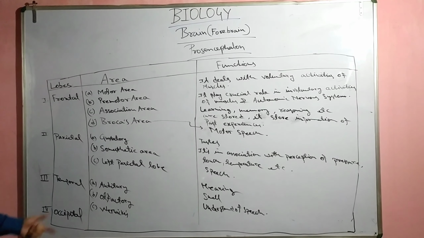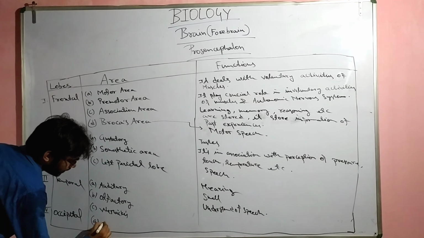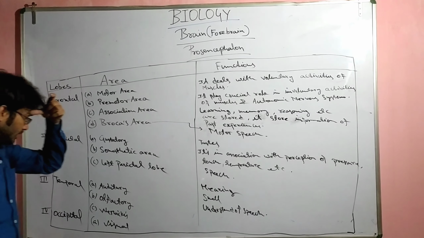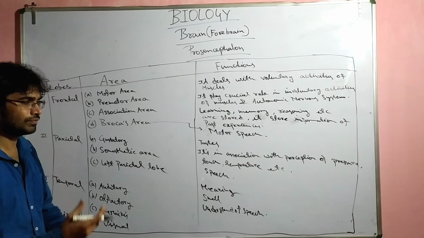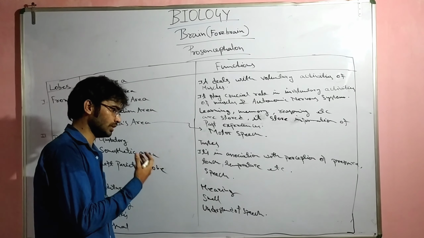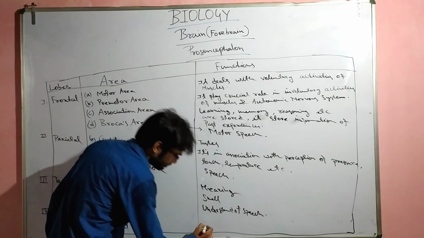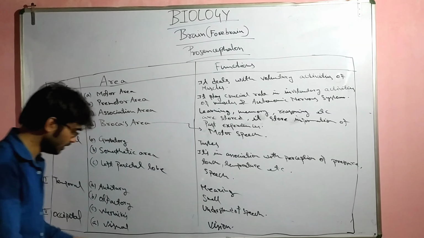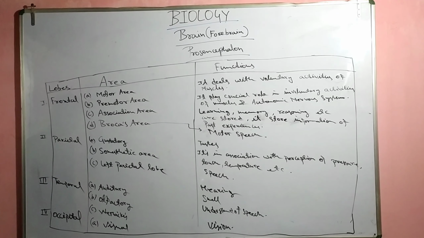The occipital lobe has only one area, the visual area. It is related with the perception of images, meaning pictures, visualization. So it is the visual area, related with vision.